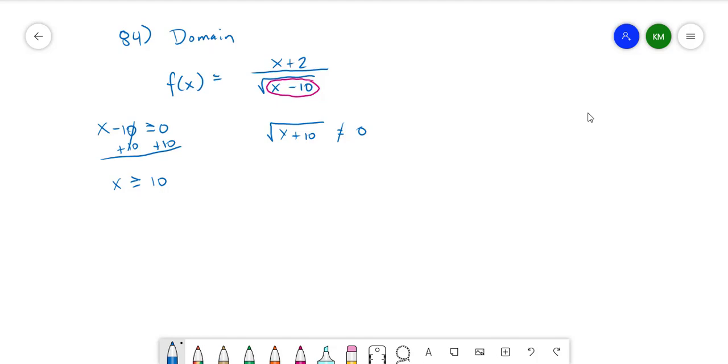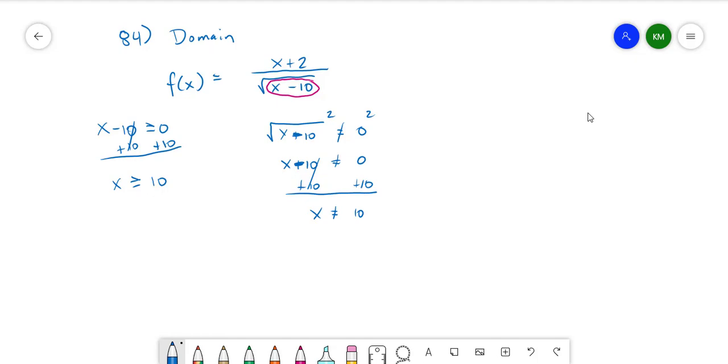Now it turns out it doesn't matter, because the first step to solving this would be to square both sides anyways. Cancel out that square root. You have x minus 10 can't be 0. Oh, I'm sorry, these are both minuses, not plus. Then I add 10 to both sides, and basically what you get is x cannot be 10.